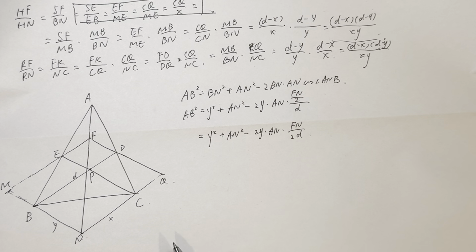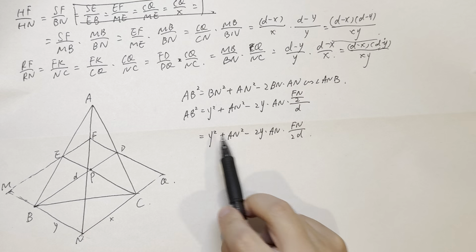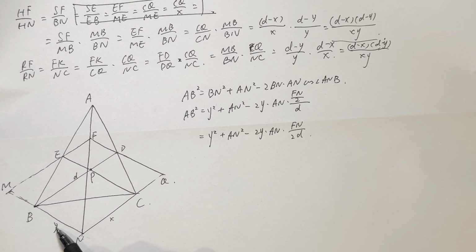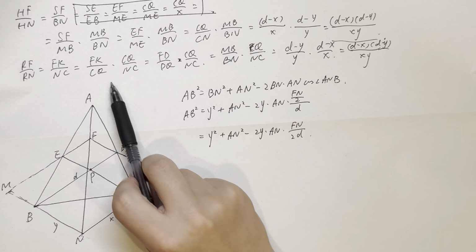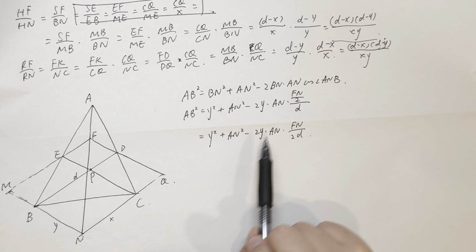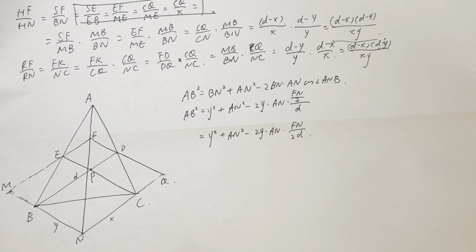That's AB squared. Notice that y is CP, right? So we basically bring the CP into this equation.